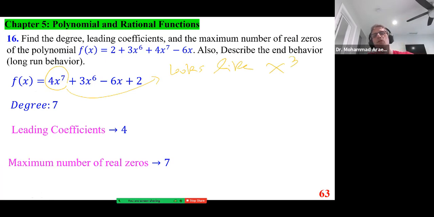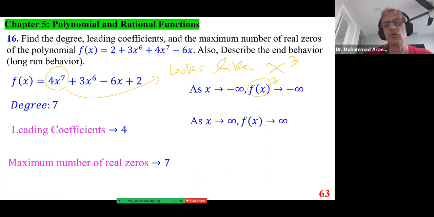So whatever x cubed is, that means x goes to negative infinity, y or f of x. Remember, this is y, everybody. When x goes to infinity, f of x or y also goes to infinity. So that's the importance of that.